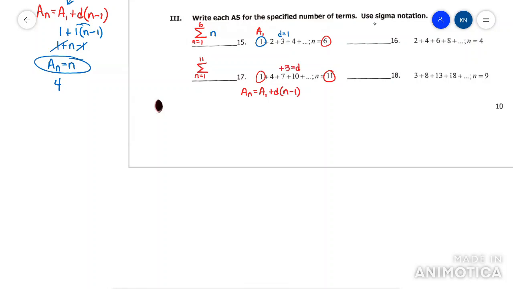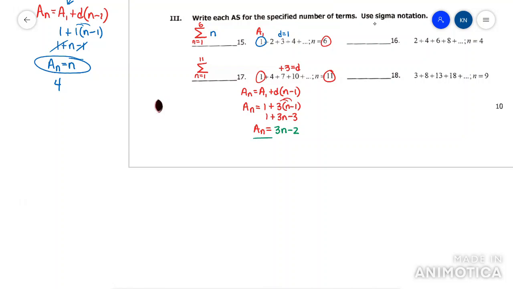So that's D. And so basically you just go, okay, a sub n is my first term plus my rate times n minus 1. You distribute your 3. Clean this up a little bit. So you'll get a sub n equals 3n minus 2.